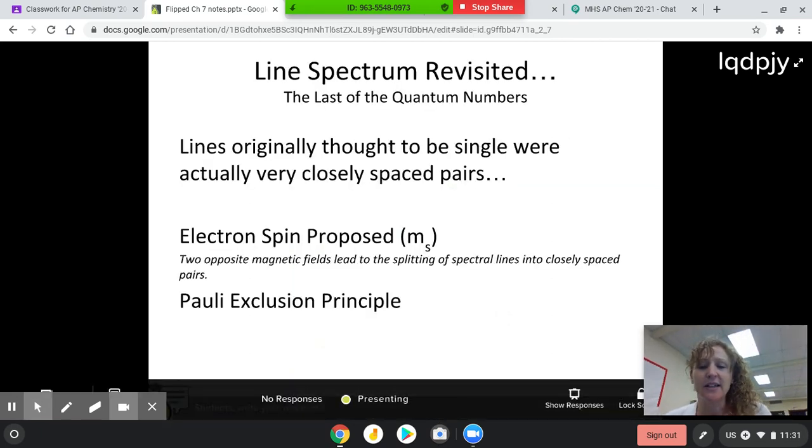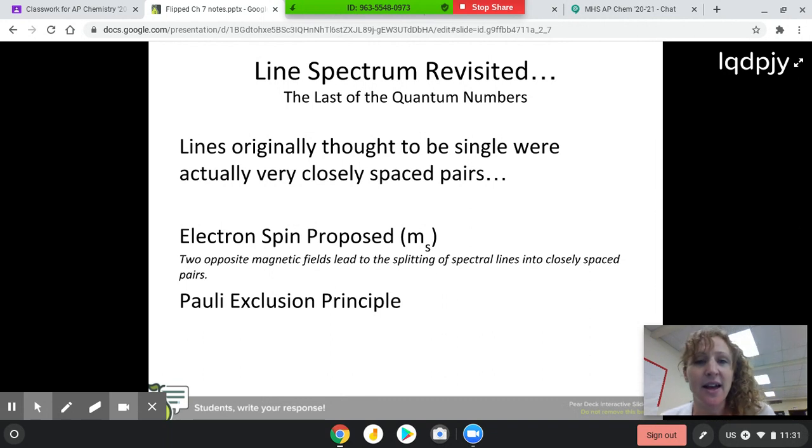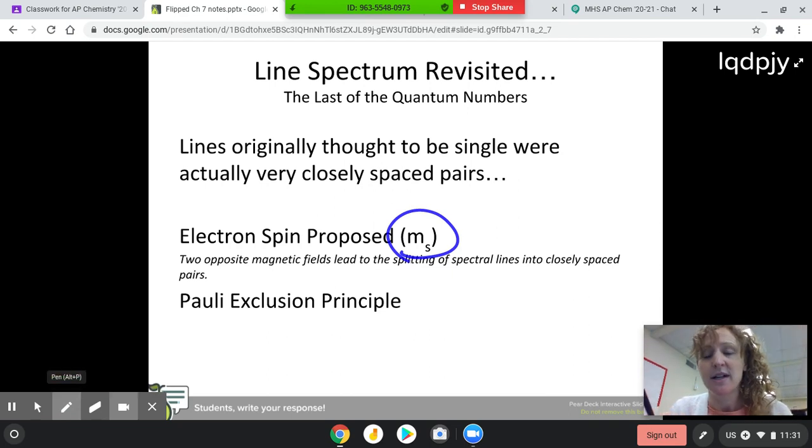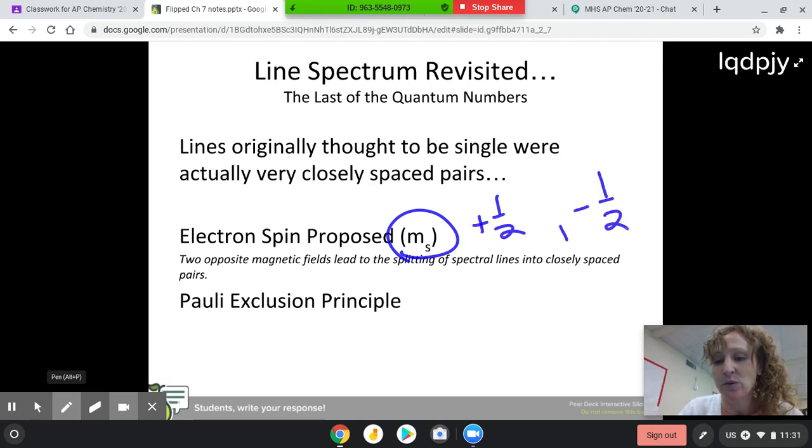Okay, we talked about this slide already. We talked about the electron spin and how this is the fourth quantum number, and it's really only two options, and those two options aren't dependent on any other quantum number. So the two options are plus a half or minus a half, which means electrons can spin up or they can spin down.